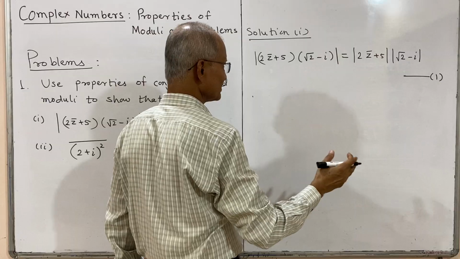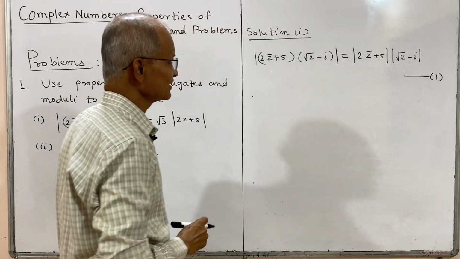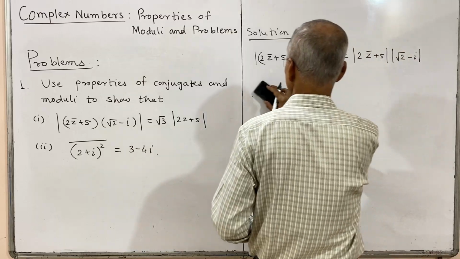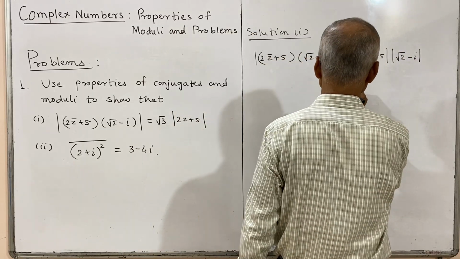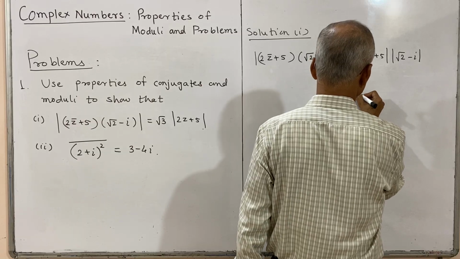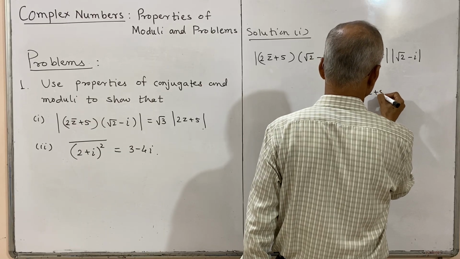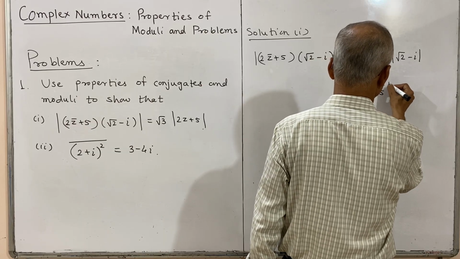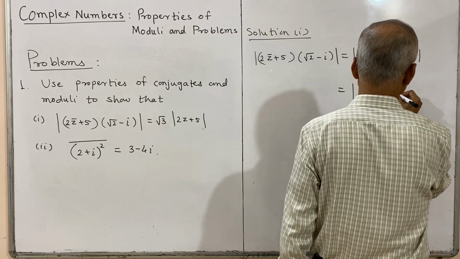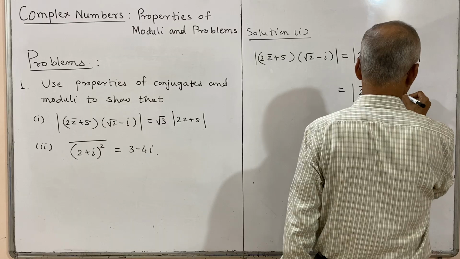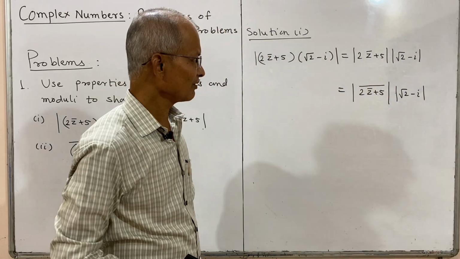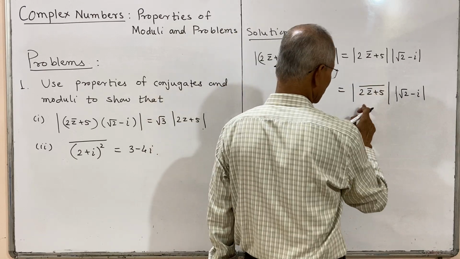This is equal to mod of conjugate of 2z bar plus 5, and this I shall write, mod of root 2 minus i as it is. This for the time being we have written as it is, only this is changed.